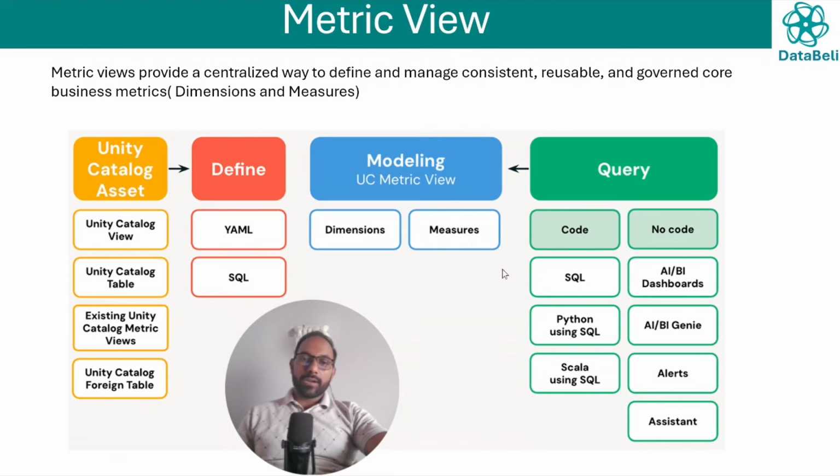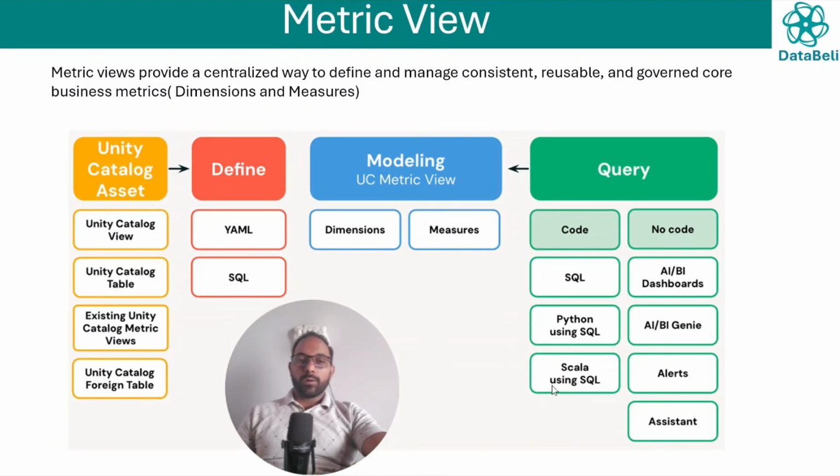Once those are defined in a metric view, we can use them through SQL queries, and we can use them anywhere. We can use them via code in SQL, Python, or Scala, or we can directly use them in dashboards, Genie spaces, and multiple places. Wherever we want to use the data, we will use it in this standard form.